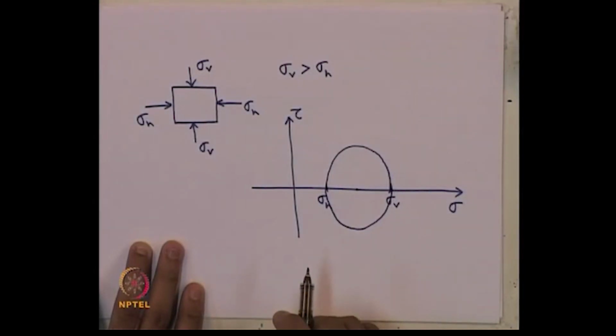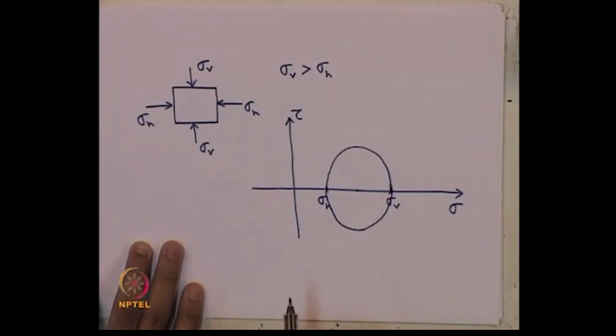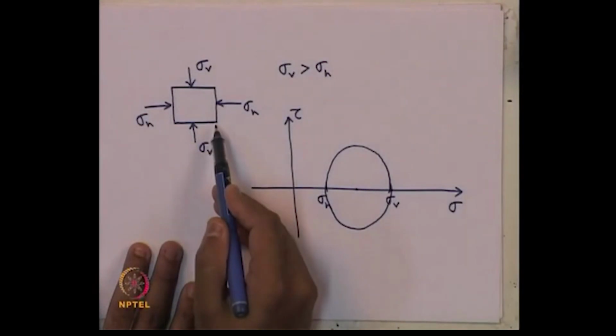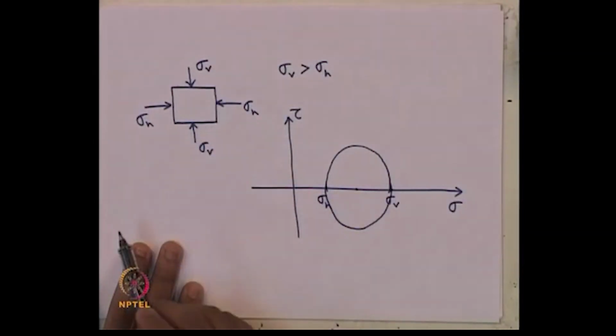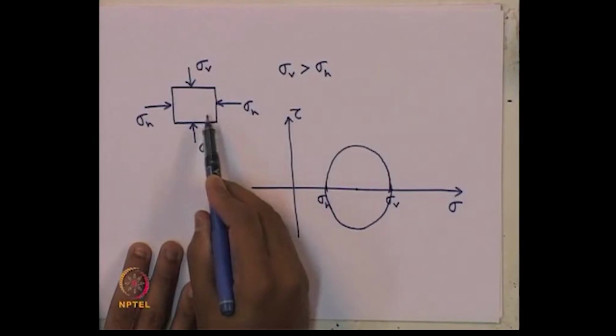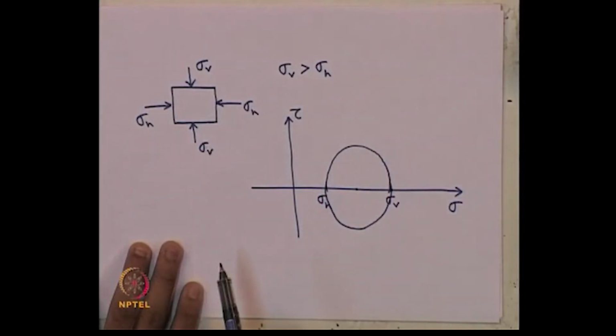Now, what is the pole of this circle? How to obtain the pole of a Mohr circle? Pole is nothing but, let us look at this face where it acts. The horizontal sigma h is acting on a plane which is vertical.